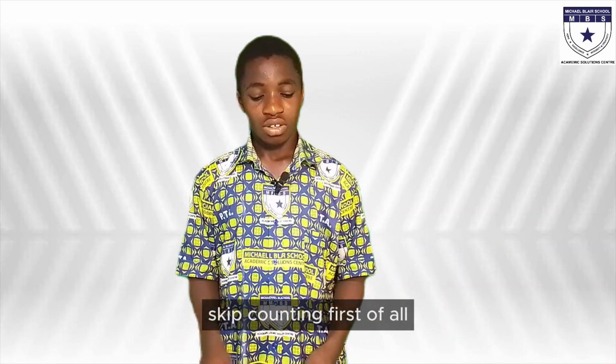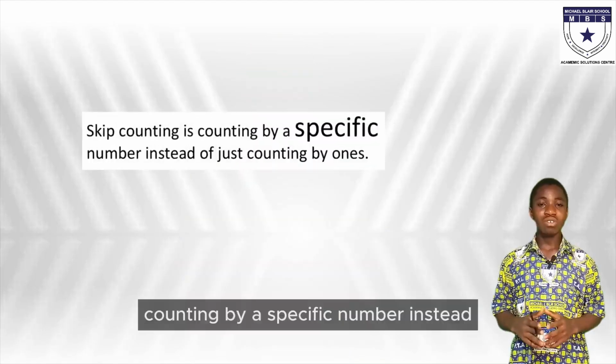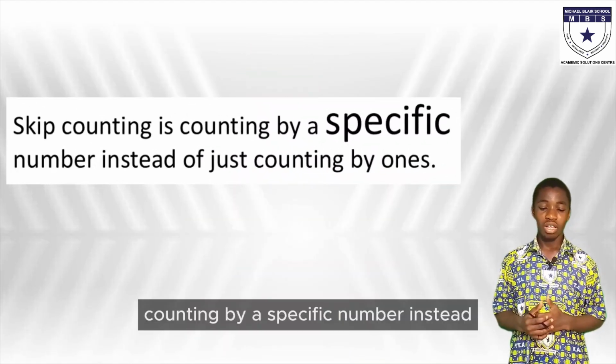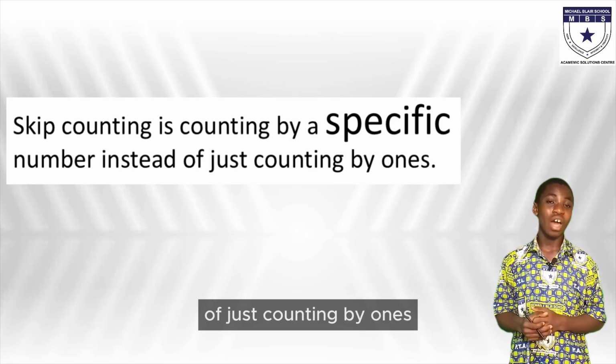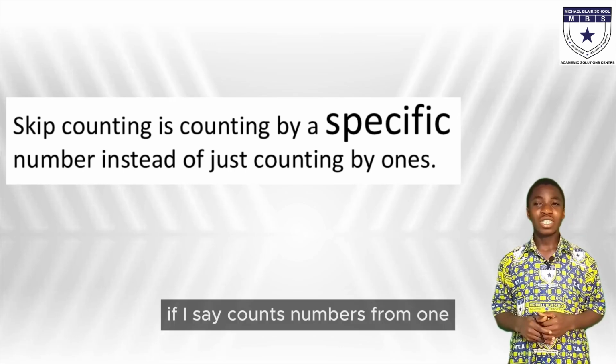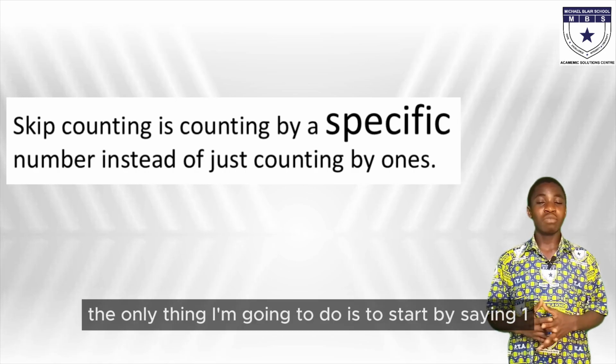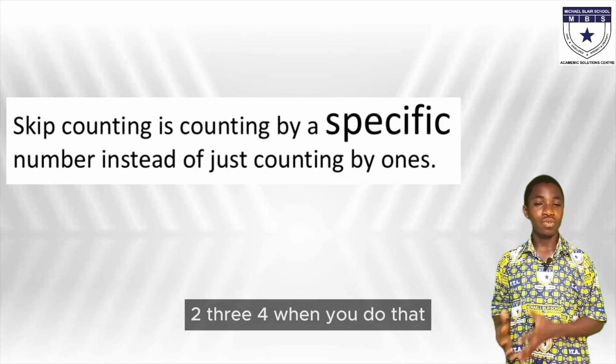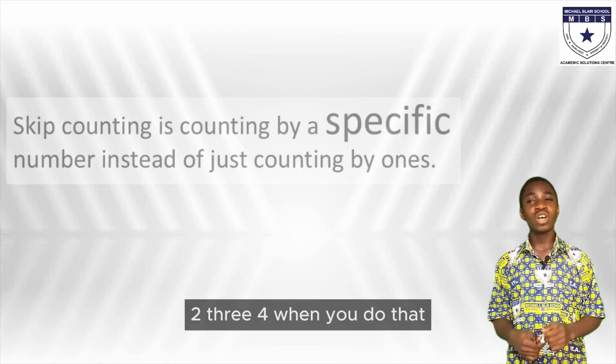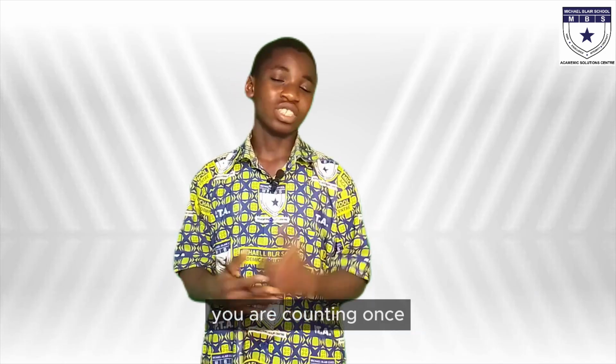Skip counting. First of all, what is skip counting? Skip counting means counting by a specific number instead of just counting by ones. If I say count numbers from 1, you start by saying 1, 2, 3, 4. When you do that, you are counting in ones.